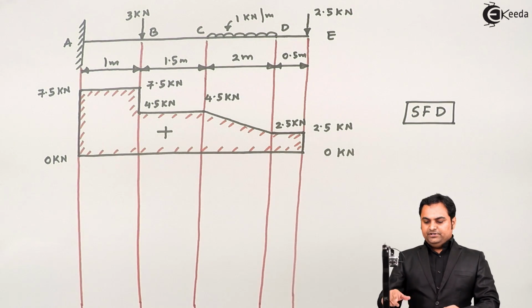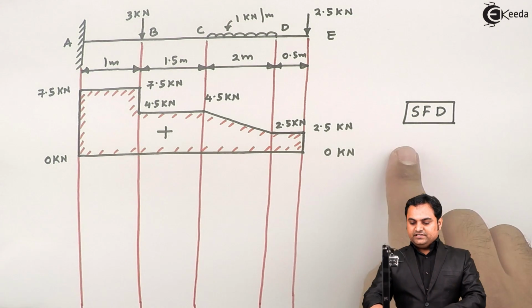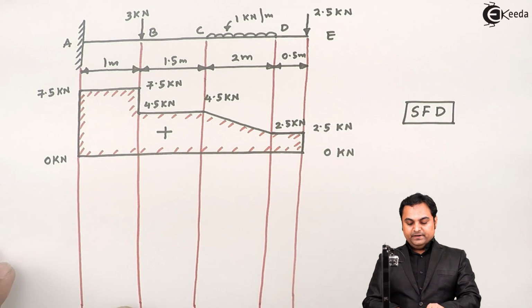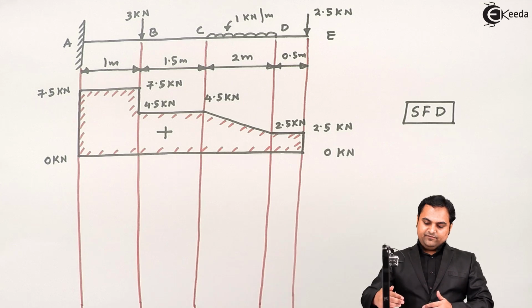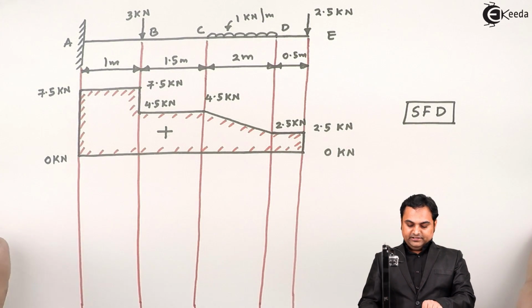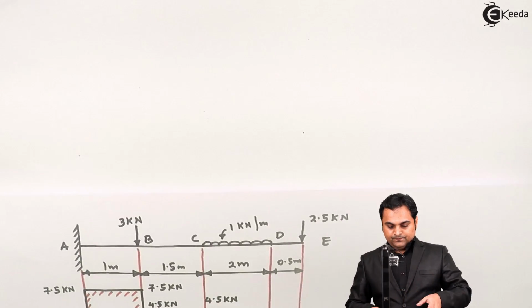So now after completing step number 2, that is the shear force diagram, we'll go on to step number 3 for bending moment diagram, because bending moment diagram will be just below this shear force diagram. So I'll write down the step number 3.